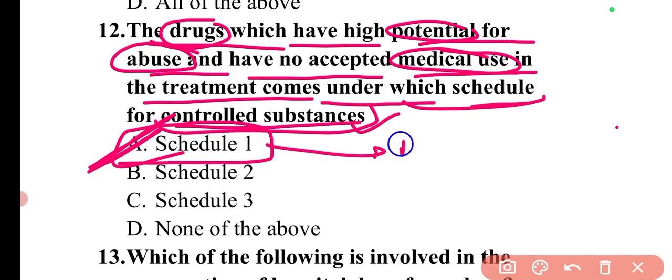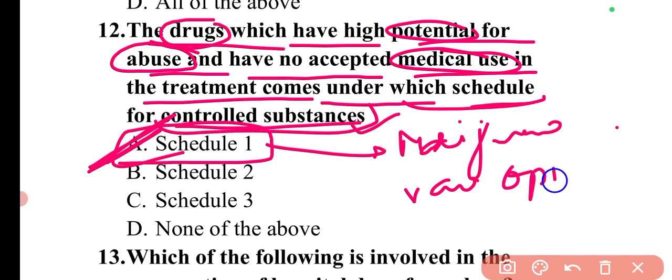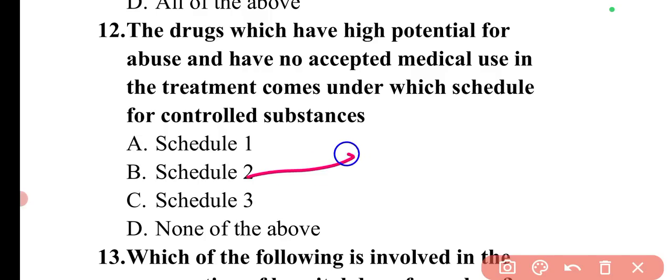So if I talk about the examples, there can be marijuana or raw opium. So these different drugs are the high potential drugs for abusing. Then if I talk about schedule 2, the drugs under this schedule have less potential for abuse as compared to the schedule 1 drugs, and they can have accepted medical treatment and have a lesser physical or physiological dependence.